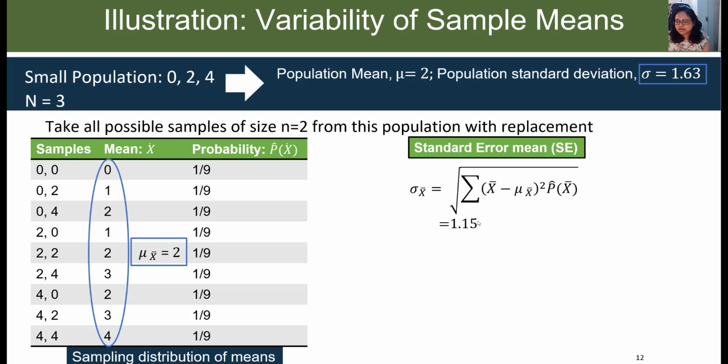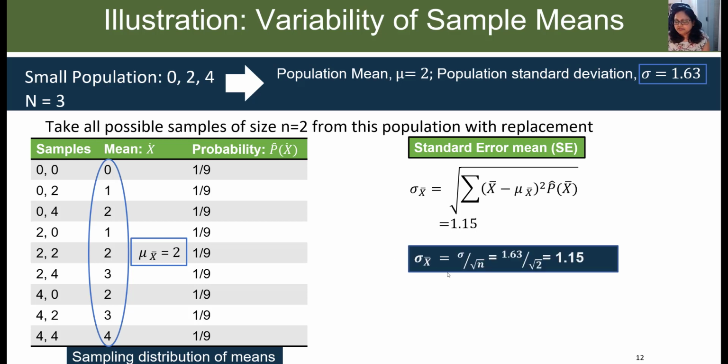If I found the variability, there is a relationship between the population data and the standard error of the mean. That means we know the population standard deviation, divided by the square root of the sample size.